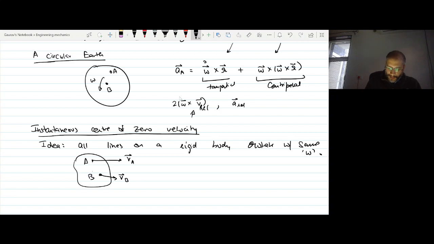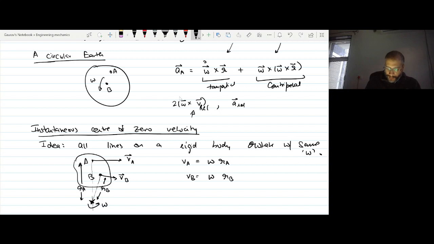So what happens is, if I draw a perpendicular to V_A and a perpendicular to V_B, we'll see that they will intersect. And given that all points have the same omega, we can write V_A as omega times R_A. So this R_A is this distance. And similarly we can write V_B as the same omega times R_B. So this is R_B.